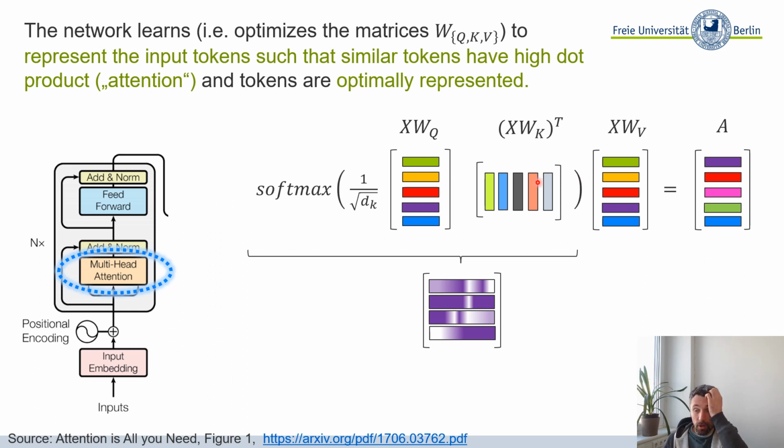This also means that, for example, these dot products here have to be high when the meaning of those tokens is similar. And those values are the representations that we mix following this attention mixing matrix here. These values have to be optimized for the decoding.